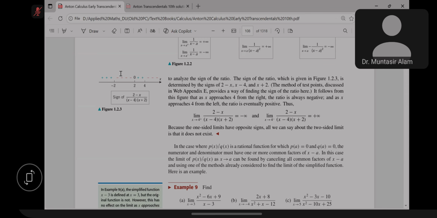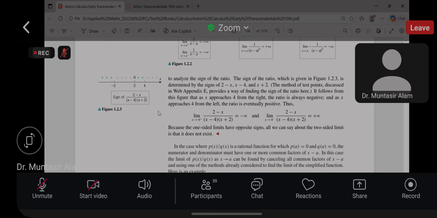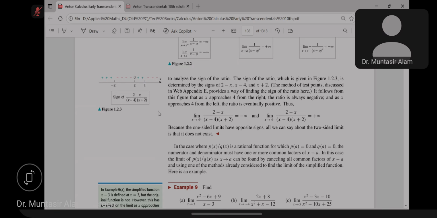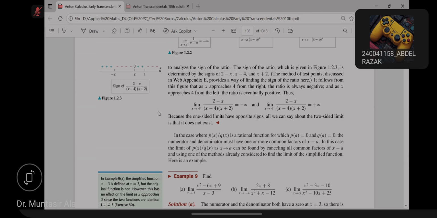Now you can ask me, how do I define this plus minus sign? Have you understood the mechanism, how the signs are put or designed? Please, sir, can you repeat?